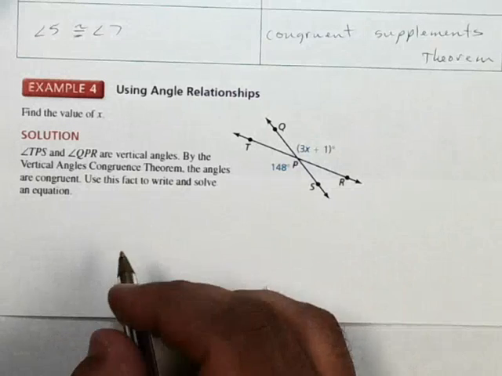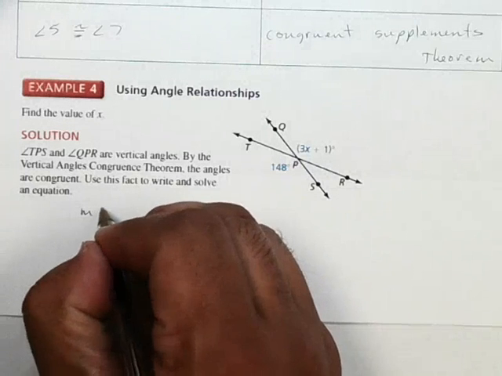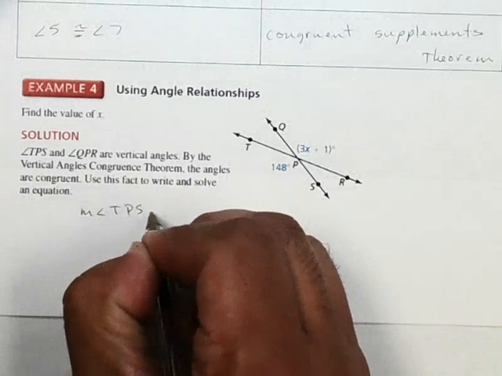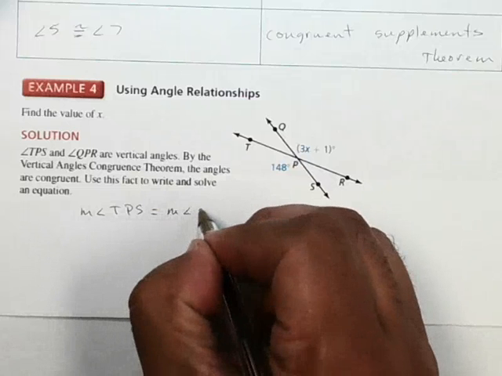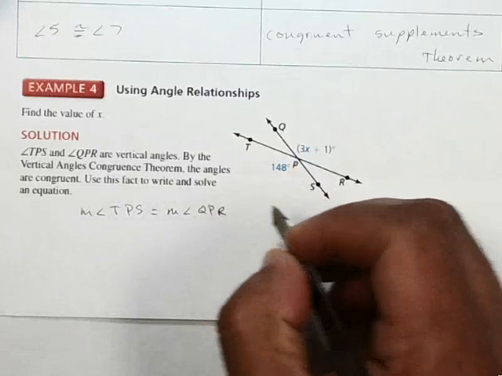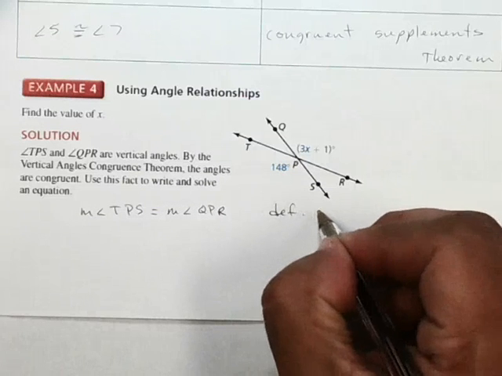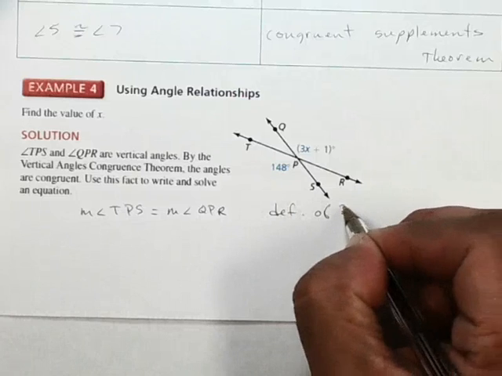And then we want to justify our steps. So I know that the measure of angle TPS is equal to the measure of angle QPR. And my reason? Definition of congruent angles.